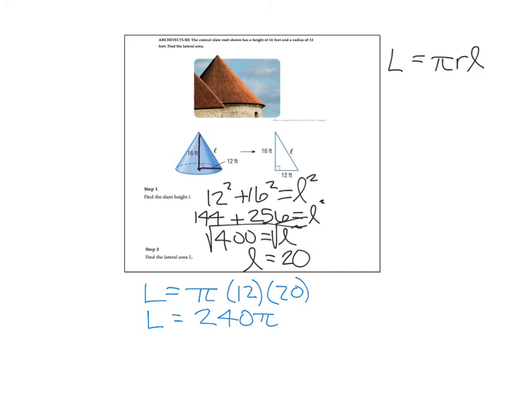And then I'm going to multiply that out to get roughly 753.98, which would round to 754.0. So that would be my lateral area.